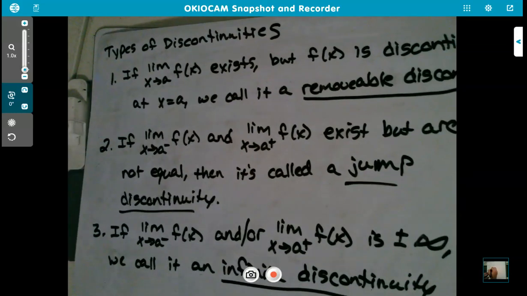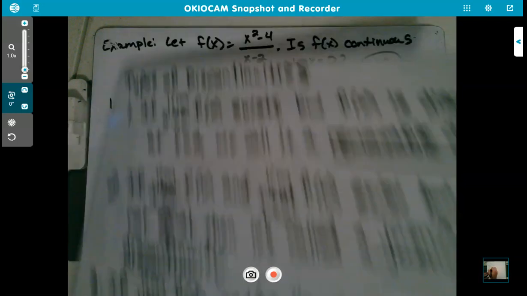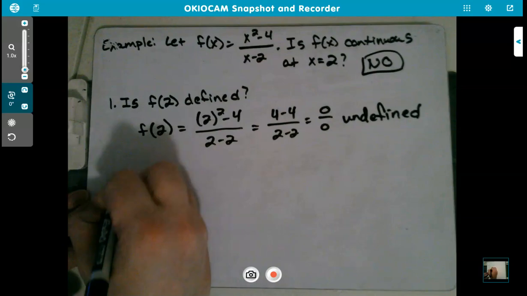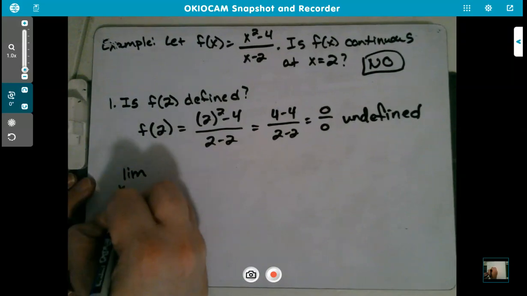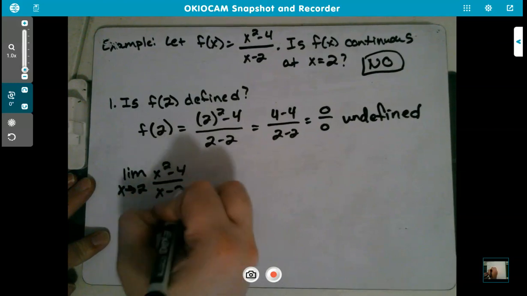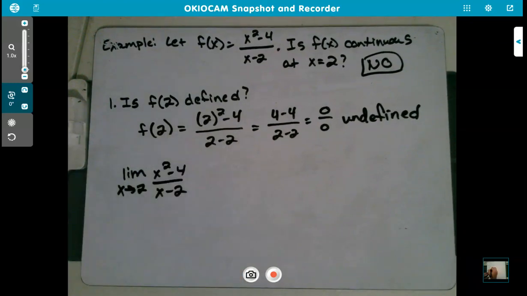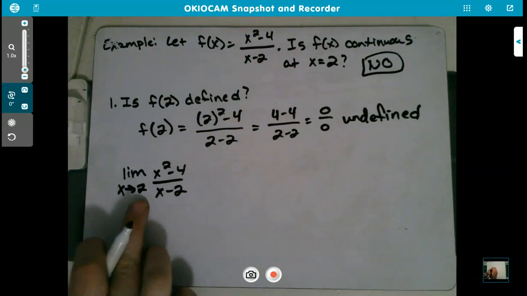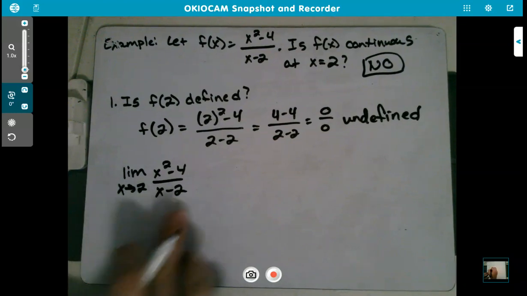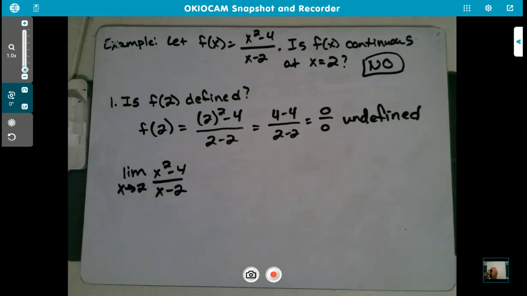So first things first, let's see if I can take the limit as x approaches 2 of x squared minus 4 over x minus 2. My first thing would be to try just plugging that in, right? But if I tried that, the bottom would be 2 minus 2, which I can't do. So I'm going to see if I can rewrite this in some way.